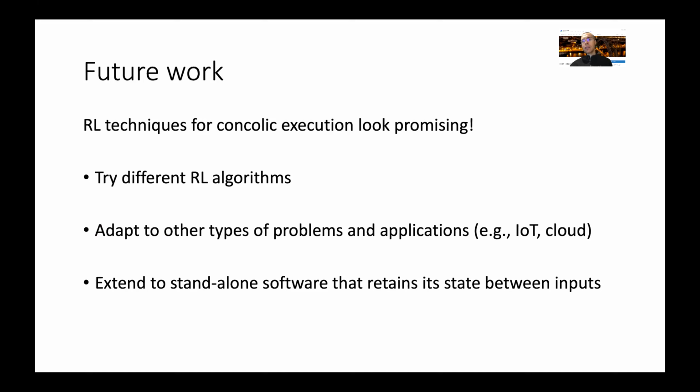It's not like you send an input, it gives you an output, and then you reset the state of the program. The program stays there, you give it inputs, you modify the state. Maybe after 100 different inputs, it will crash.